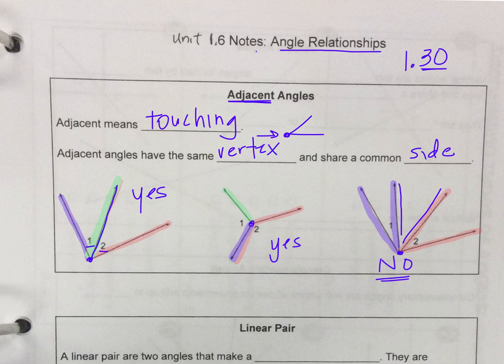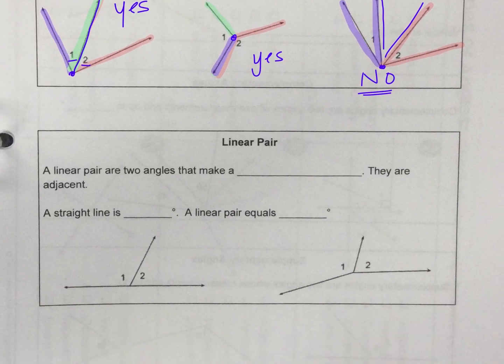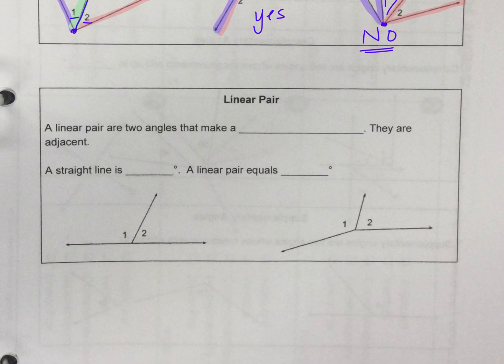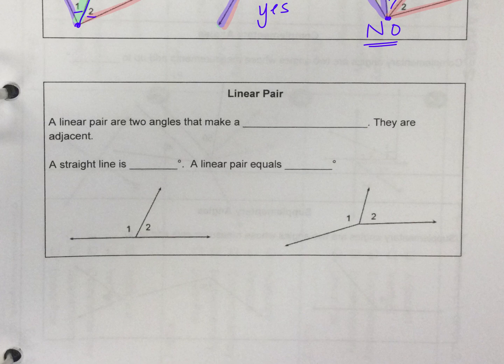Now we're going to talk about what a linear pair is. A linear pair are two angles that make a straight line. They are adjacent, which means they touch. A straight line, we know, has 180 degrees, so a linear pair equals 180 degrees.